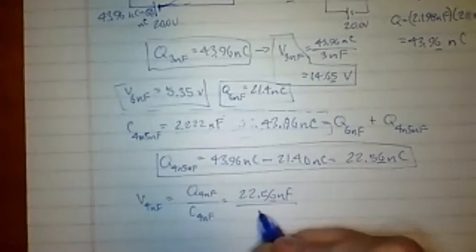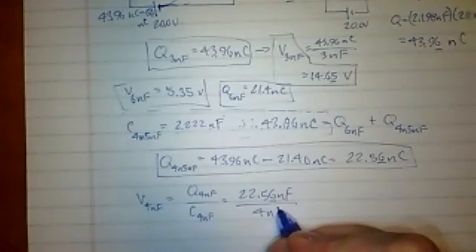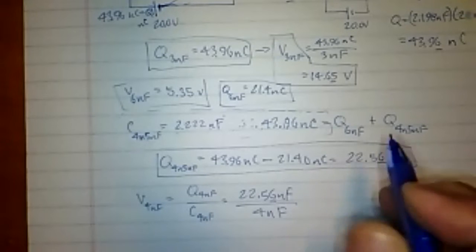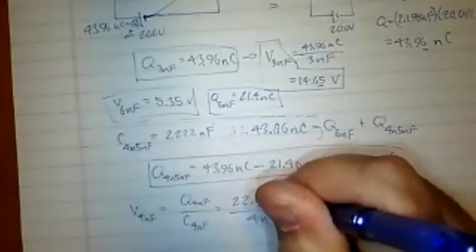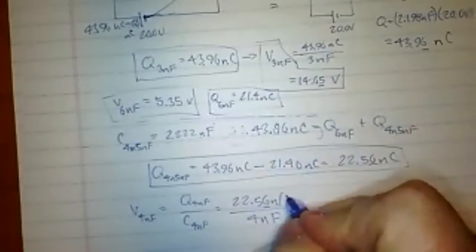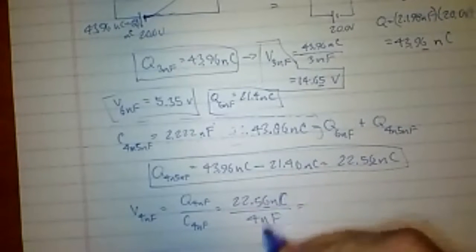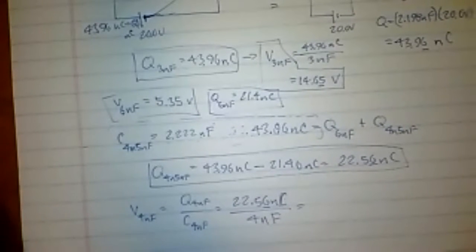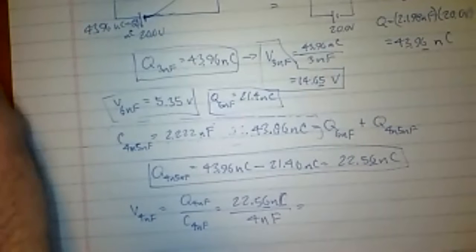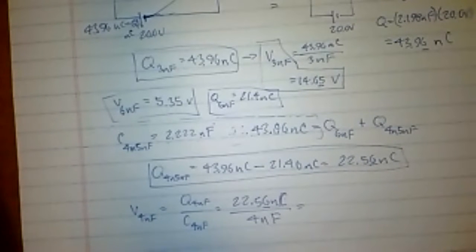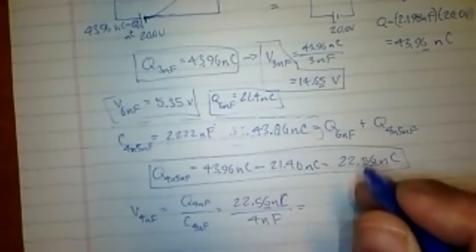And now the C for the 4 nanofarad is supposed to be 4 nanofarads. So the nanofarad, and this was nanocoulombs, sorry about that. The nanos are canceling each other out. So 22.56 divided by 4 gives me 5.64. Whoa, that's too high.